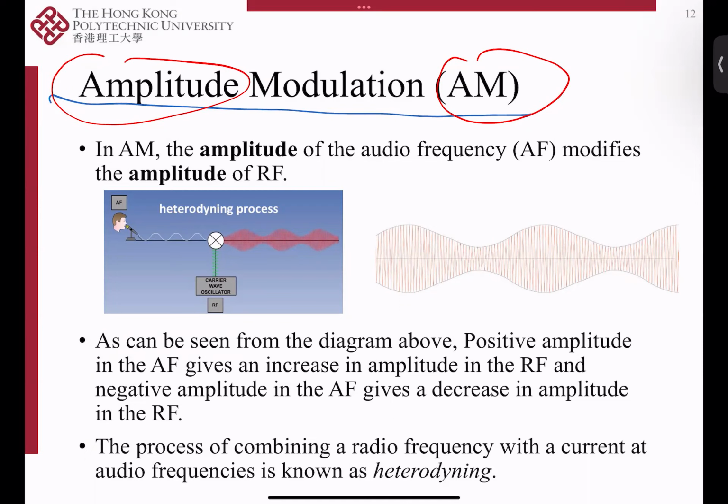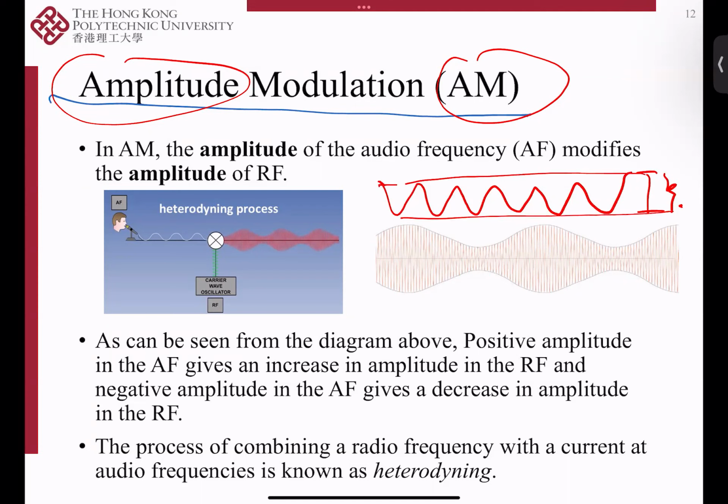Without any information, our signal looks like this, right? The amplitude is the width from the lowest to the maximum. If it does not contain any information, it's only the original signal, and the amplitude will always stay the same, right?